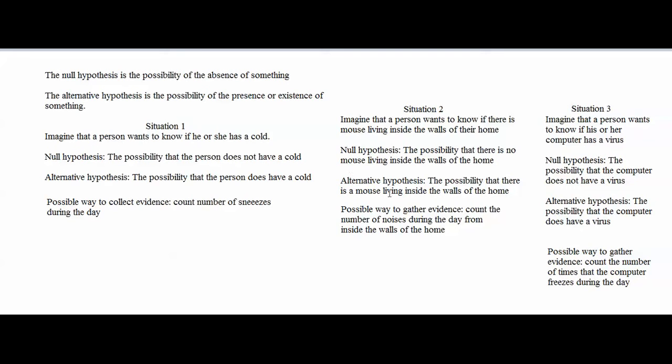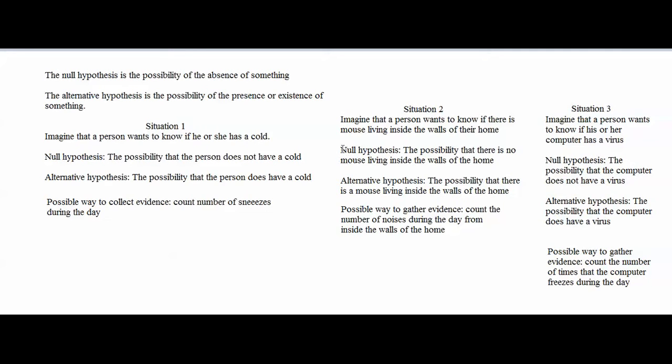If I only hear one noise during the day and I assume it's just a random noise and I'm not convinced that there's a mouse living inside the walls of my house, then I've failed to reject the null hypothesis. In other words, I haven't rejected the null hypothesis. I'm continuing to assume that the null is true.